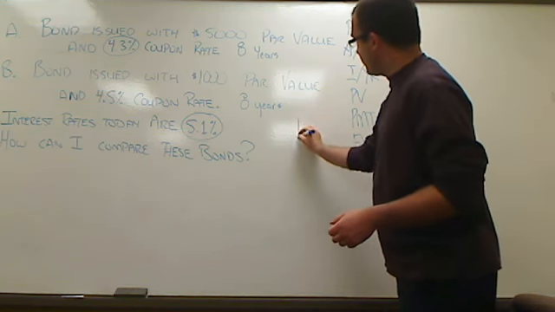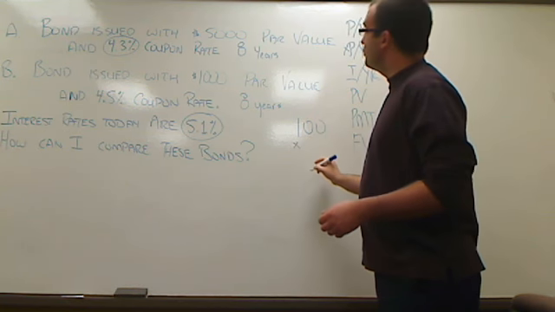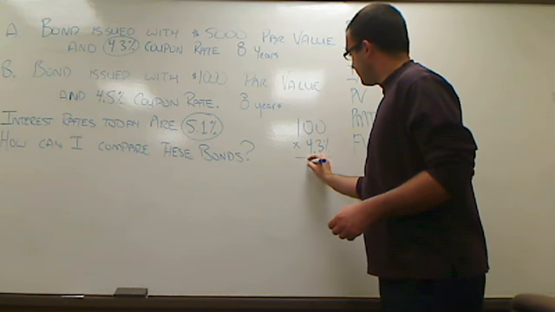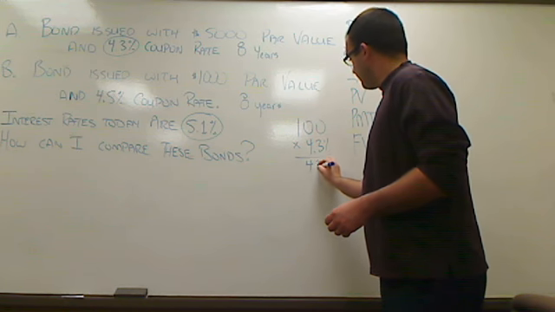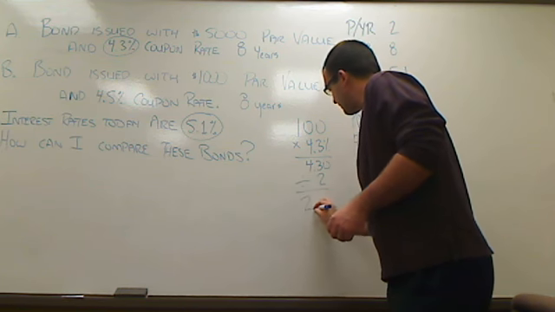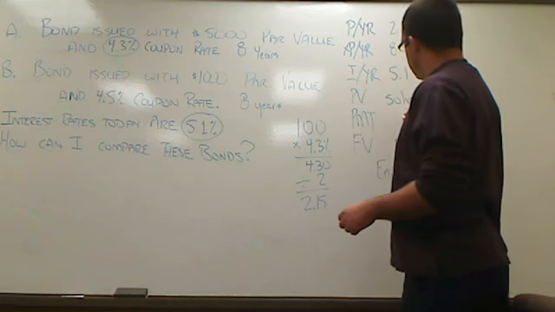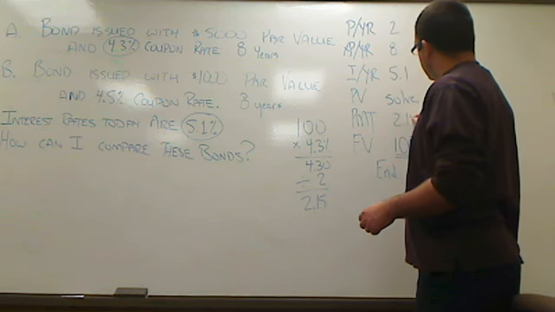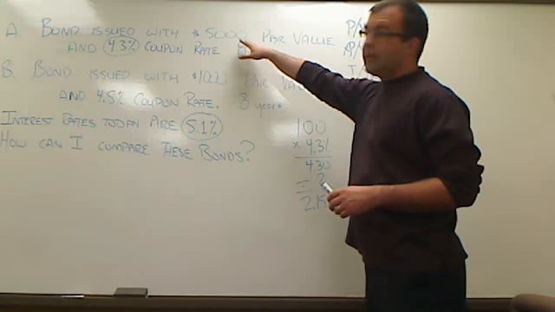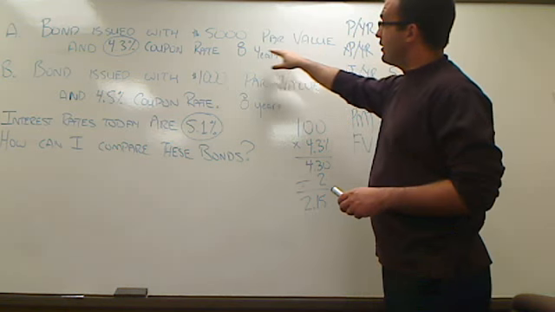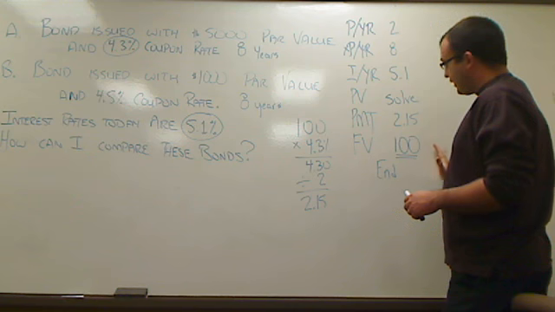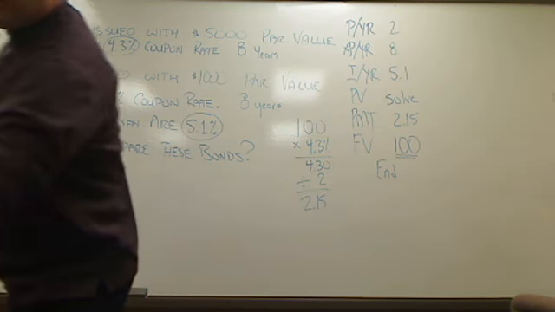So if we have a $100 par value, we would take that times 4.3%, which of course gives us $4.30, but we know it's only paid on a semi-annual basis. So the payment here will be $2.15. So what you would actually see, this bond issued with a $5,000 par value, 4.3% coupon rate, with 8 years to maturity, this is how you would solve for the price of that particular bond.